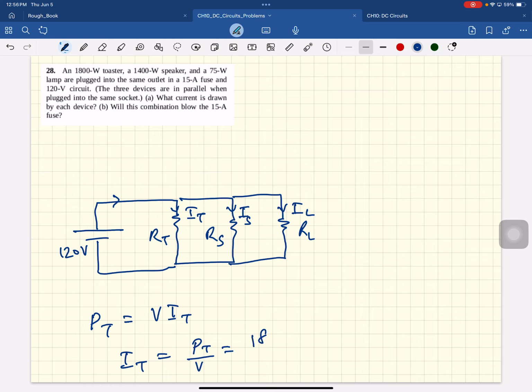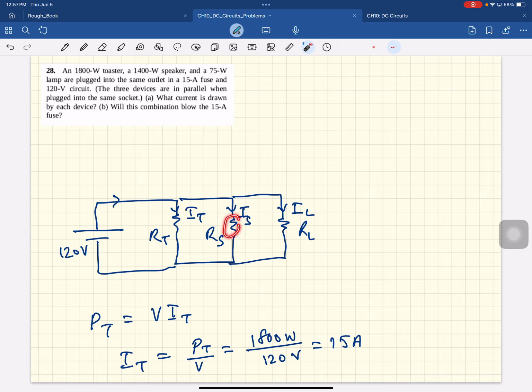And the toaster is 1800 watts and the voltage is 120 volts. That's 15 amps. So the toaster by itself is drawing 15 amps. And so when the toaster is working, if you turn on anything else, the current will be this plus this, which will be greater than 15 amps. So when the toaster is working, nothing else can work. Otherwise, you'll blow the fuse.